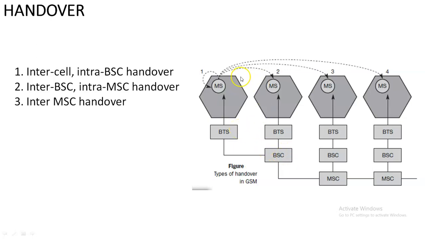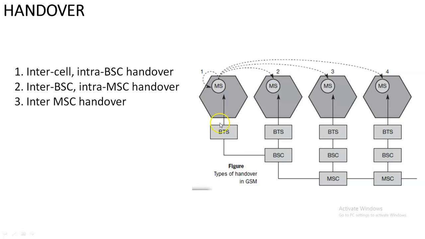So the first type is inter-cell, that is different cells. You move from cell 1 to cell 2, but both the cells are connected to the same BSC, that is intra-BSC. So this type is called inter-cell and intra-BSC. When you are moving from this cell to this cell, this BTS provides you a signal.